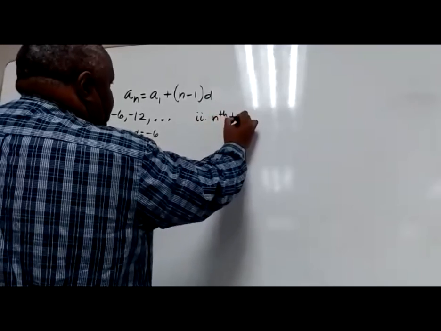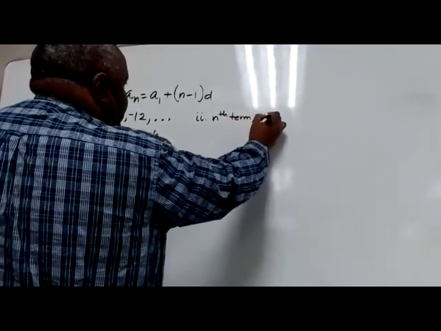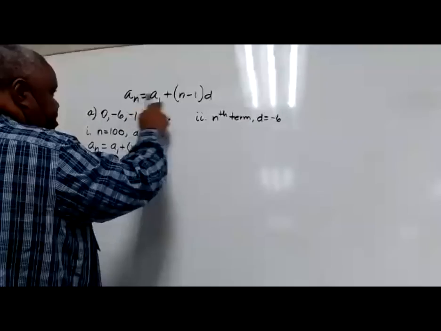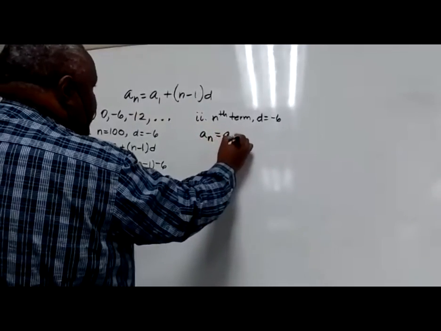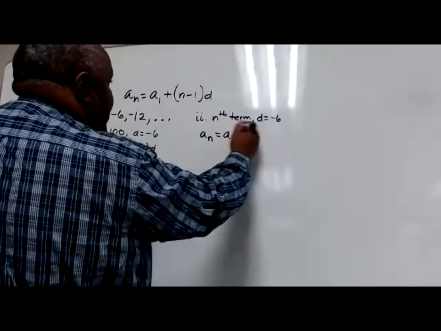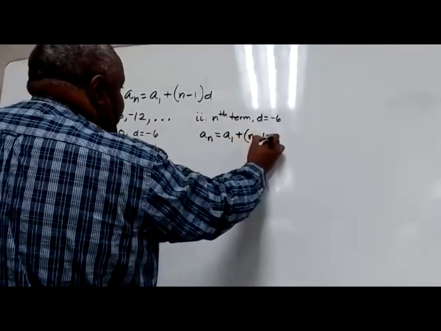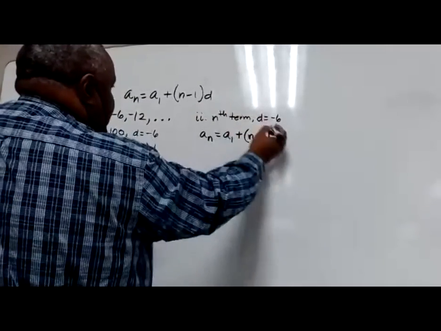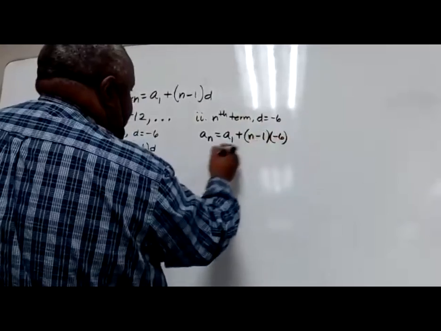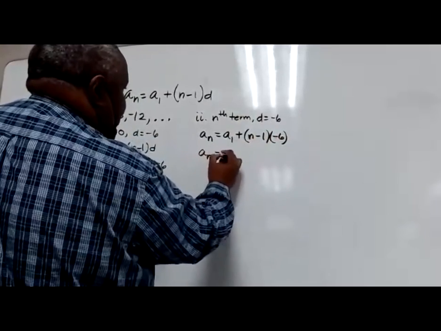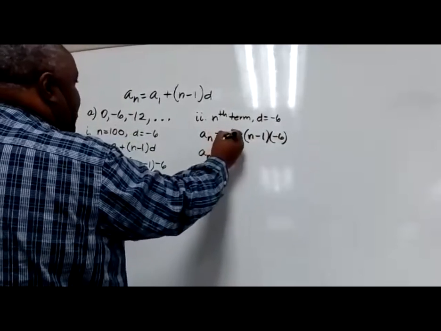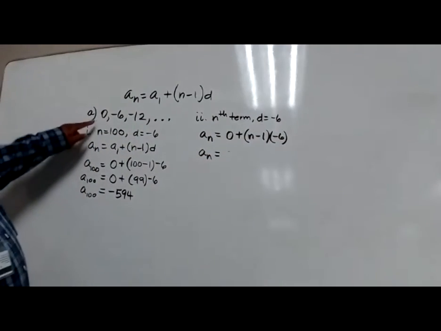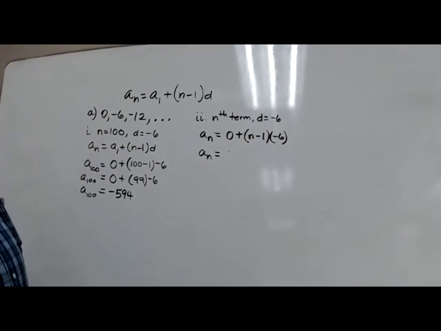In terms of what we're looking for, we're going to use this right here. So this will be a sub n equaling a sub 1 plus n minus 1, but just substitute the d with -6. Oh, and the a sub 1, the first term, was 0 in this sequence.